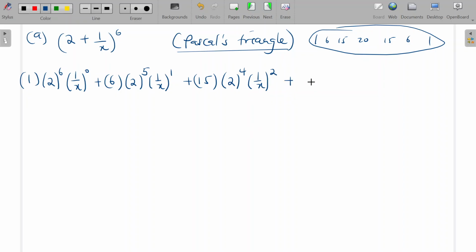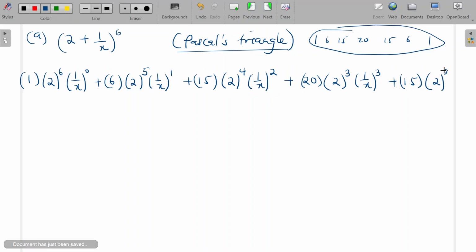Plus the 20 times the 2, the first component, to the power 3, and then the second component, 1 over x, raised to power 3. Plus the other component is 15, another number is 15: 2 to the power 2, 1 over x to the power 4.